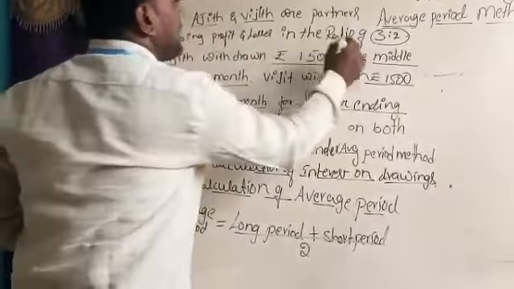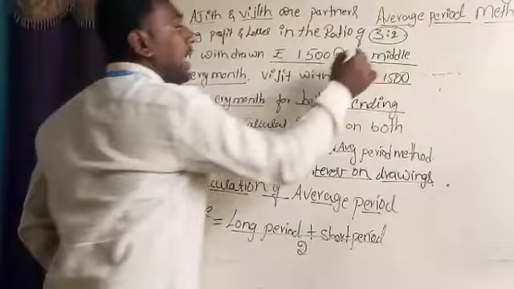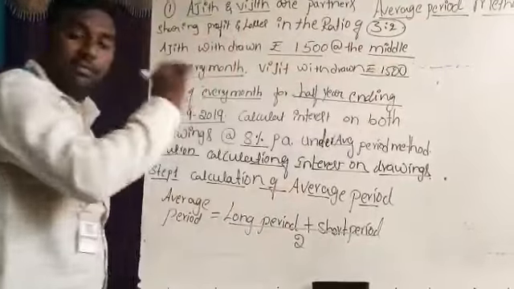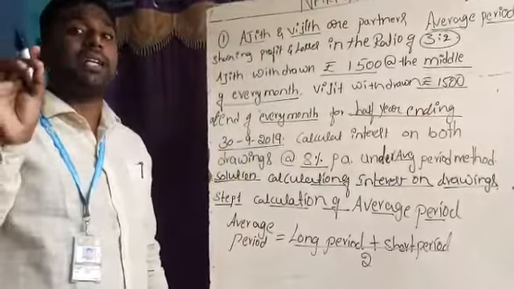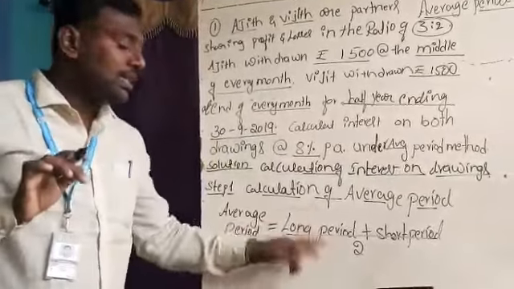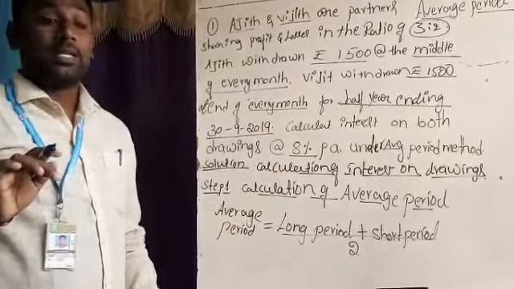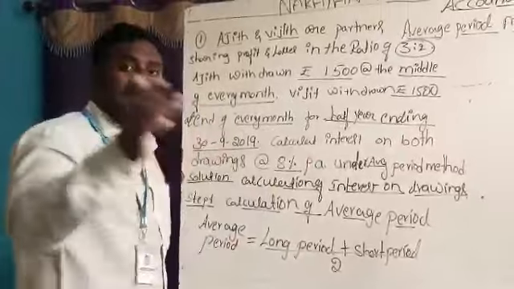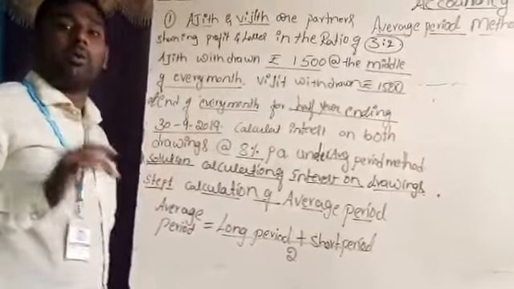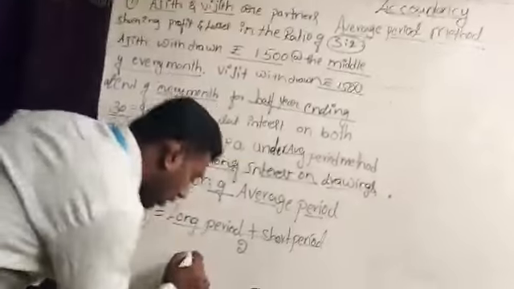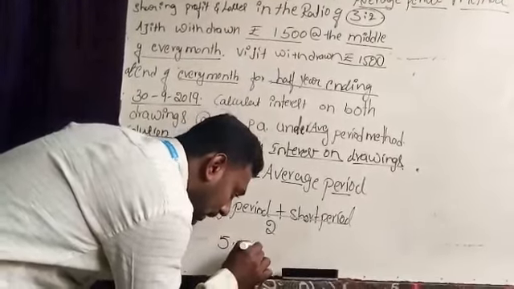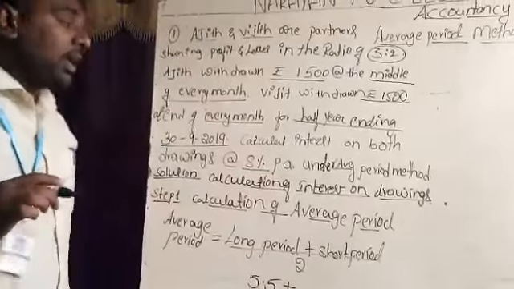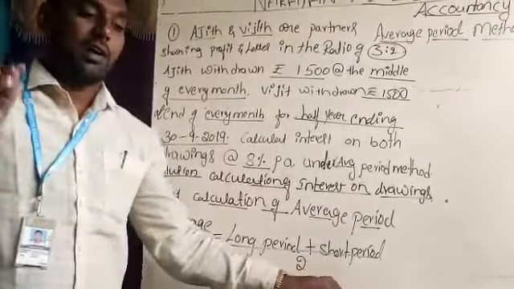But this partner is withdrawing in the middle of every month. So that means the first 15 days of April will not be counted in this question, because in the 6 months, the first 15 days we have to reduce, we have to avoid. During that time the long period is 5.5, plus in the month of April 15 days we are not counting.